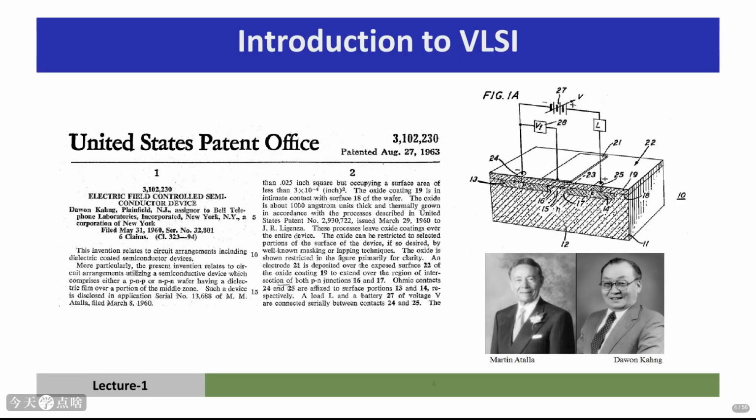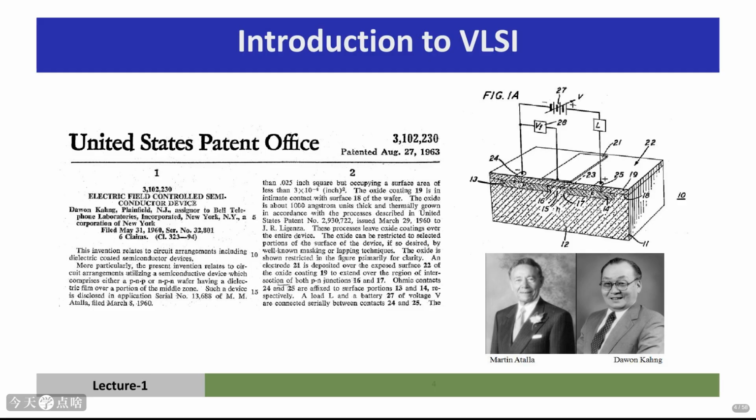Now, let's zoom in on that crucial patent, number 3,102,230, filed by Da-Wan Kong and Martin Atalla. This patent, granted in 1963, details the electric field-controlled semiconductor device. Essentially, it's the blueprint for the MOSFET.